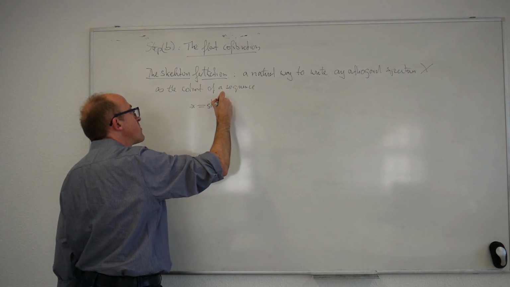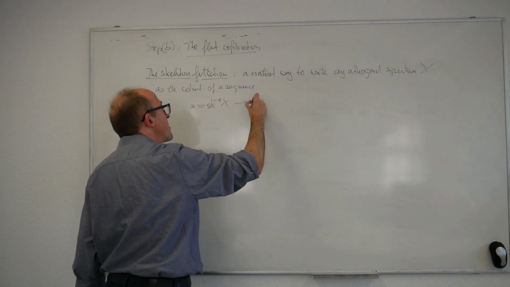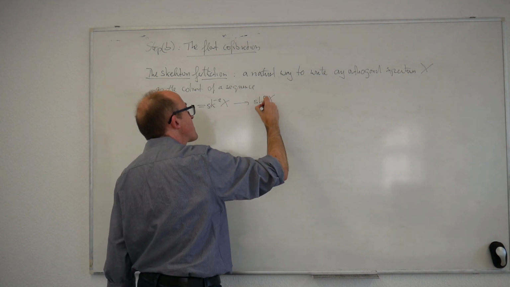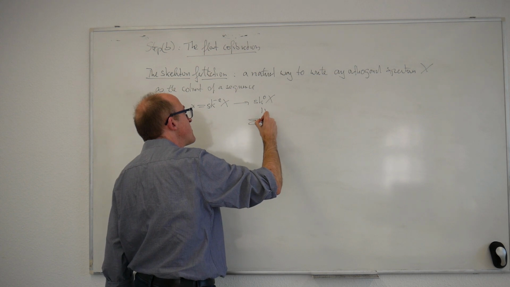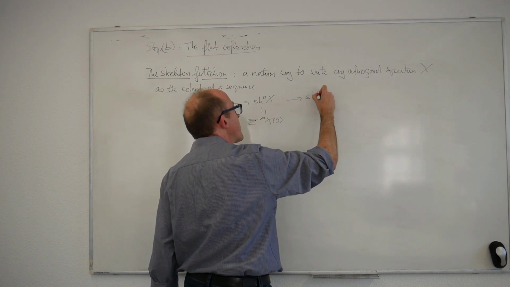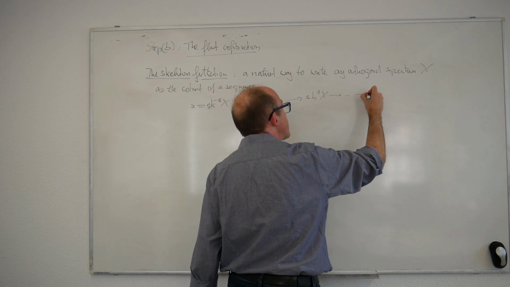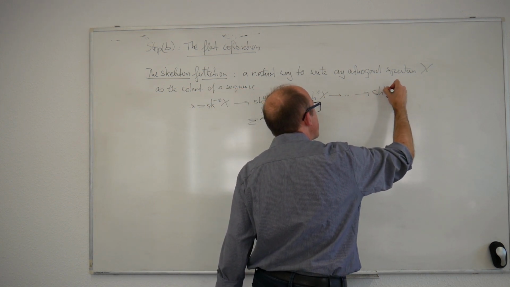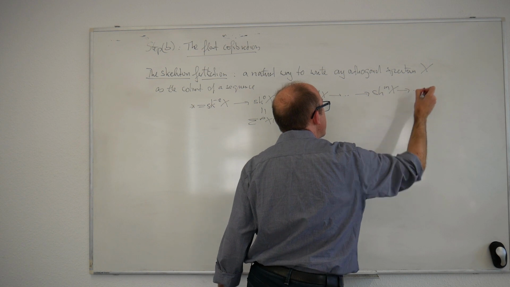This will be the -1 skeleton of X, mapping to the 0 skeleton of X. This will just be the suspension spectrum of the 0th space, and then it will be more complicated, the 1 skeleton, and so on, and then the M skeleton of X.